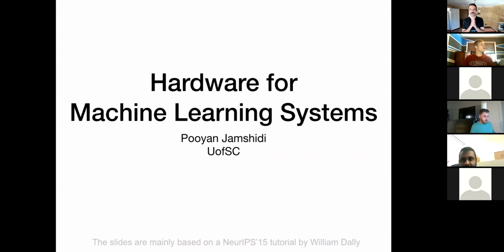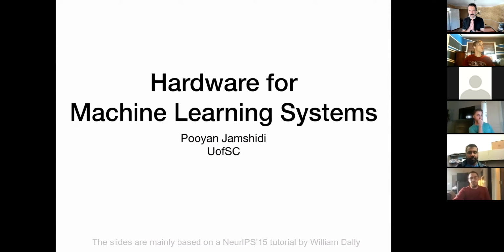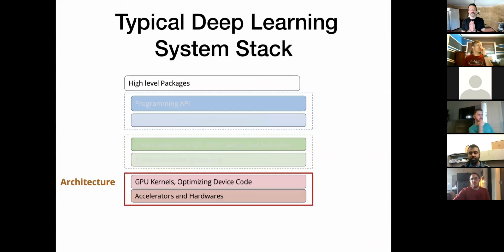The plan for today is to talk about hardware for machine learning systems. If you remember the deep learning system stack, or in general the machine learning system stack, it had several layers. At the top was the programming API, where you write your code and define the architecture of, for example, the neural network, or some detail about the machine learning model that you want to define.